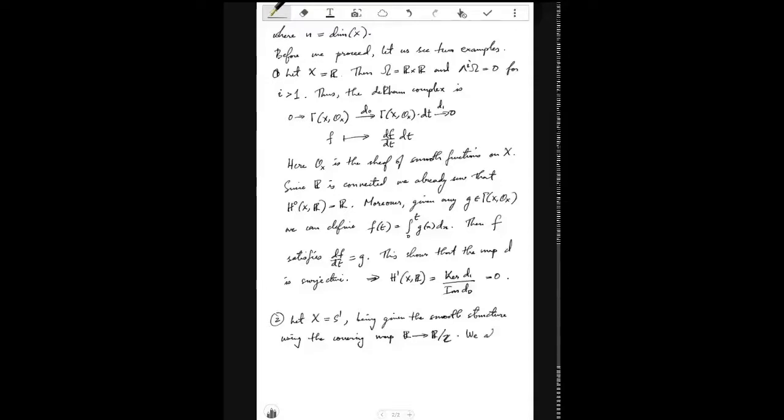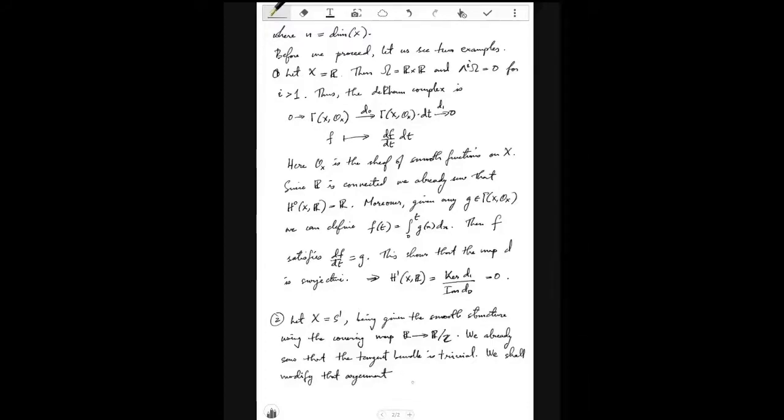We already saw that the tangent bundle is trivial. We shall modify that argument a bit for the purpose of this example.